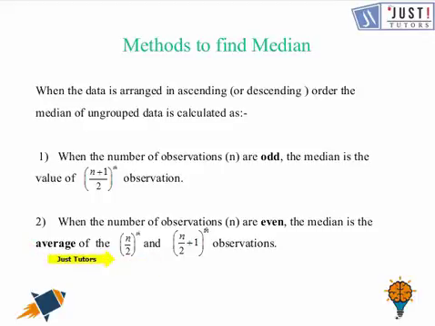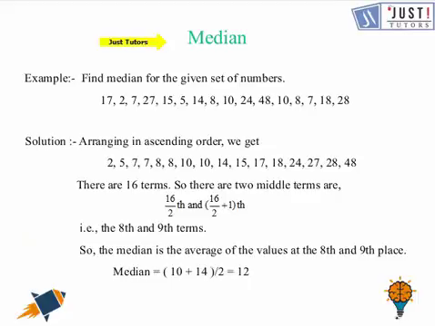Let's make this more clear with an example. We need to find the median of the given set of numbers. First we need to arrange the numbers in order. Here they have arranged them in order. You can see that we are given 16 terms, which is even. So the middle terms will be the 16 over 2th term, that is the 8th, and the 16 over 2 plus 1th term, that is the 9th term.